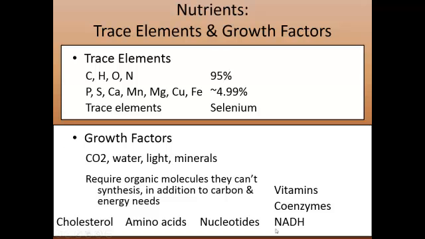And some organisms can't make their own NADH or NAD+. Oftentimes, these are obligate parasites because they have to live in close association with another cell, oftentimes inside. So you can kind of see how the more growth factors you need, the more requirements you need from your environment, the more likely you are to be a pathogen.